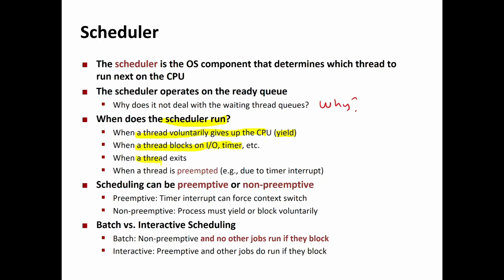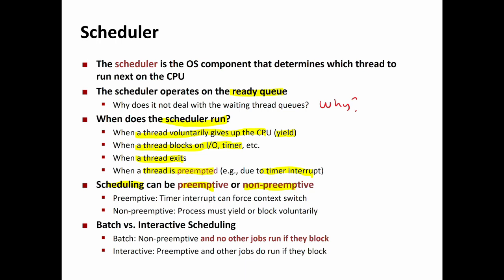When a thread exits, it means that we have to pick a new one, or when a thread is preempted due to a timer interrupt. So at these times the scheduler runs, operates on the ready queue, and picks a new one. Now, scheduling can be preemptive or non-preemptive.